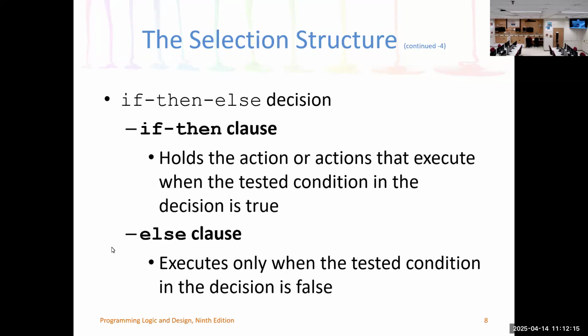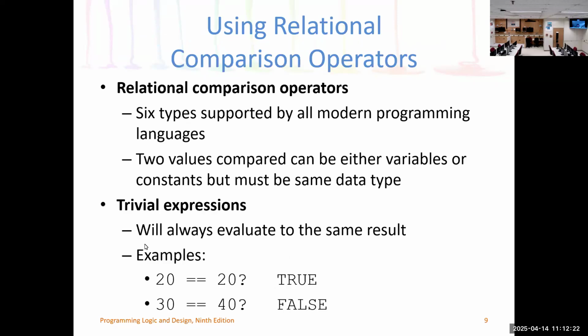And so you know that whenever we work with any selection structure, you have the condition here to check, and the condition can be a relational comparison operator. So what are the relational comparison operators? It can be equal or not, greater than or not, less than or not, less than or equal or not, or greater than or equal or not, right?